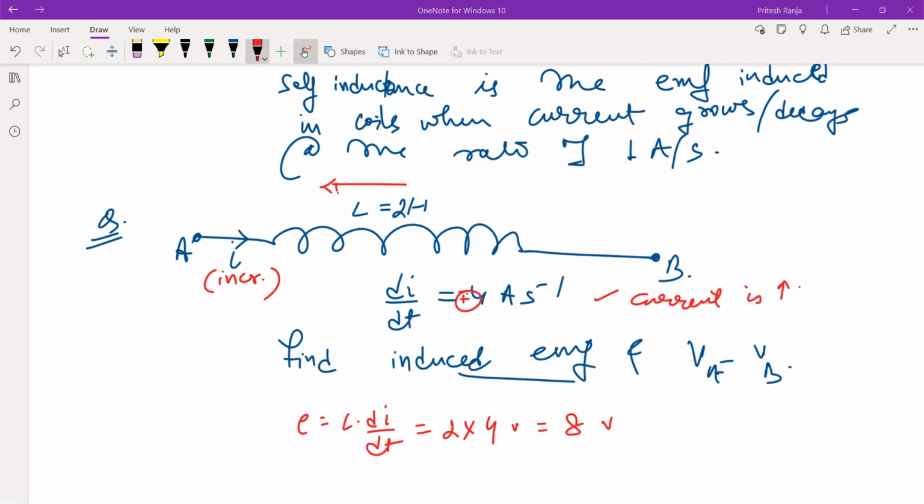If induced current is in this direction, it's just like there is 8 volt induced EMF, right? It should be like this, such that positive is here, negative is here, तभी current का direction ये होगा. So what will be VA minus VB? That will also be 8 volt.